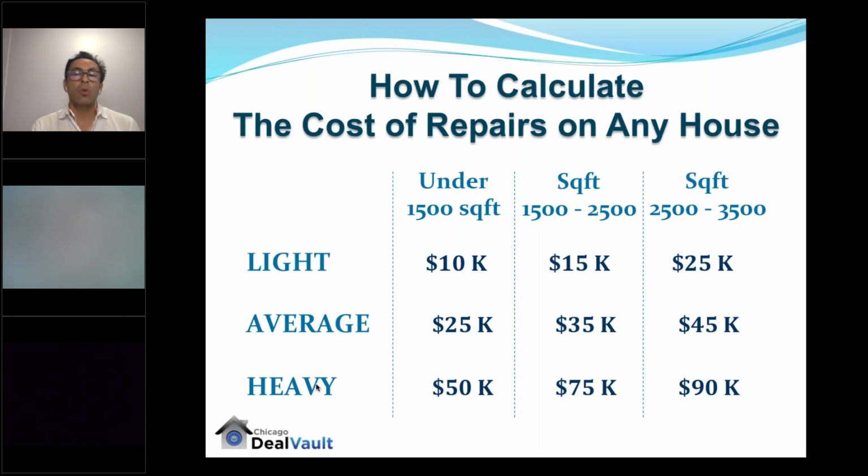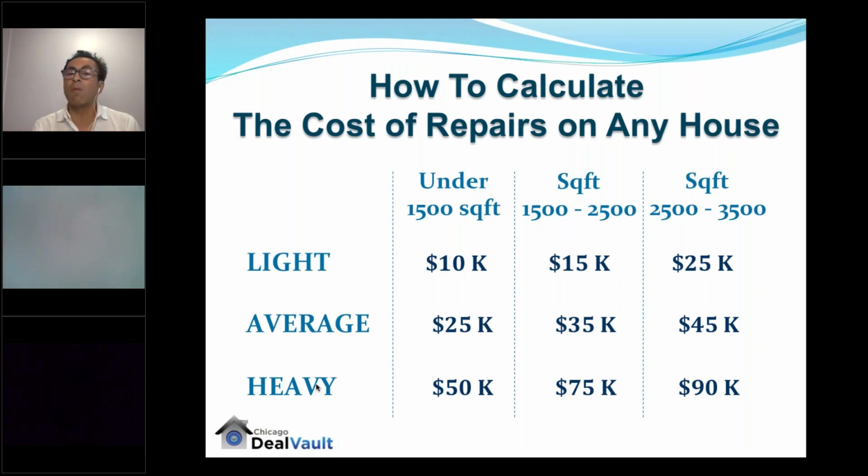That's about it. So I'm going to give you some examples of some properties we've done where it was light and average. Now, something to keep in mind. We stay away from properties that are over 2,000 square feet. And the reason why is because of the scope of work, the rehab amount. So we want to keep it below 40,000. That's it.